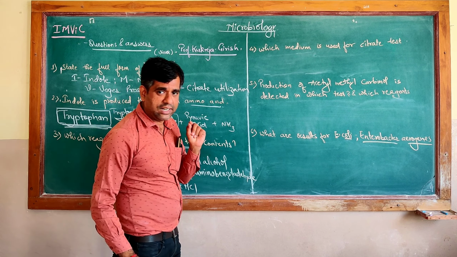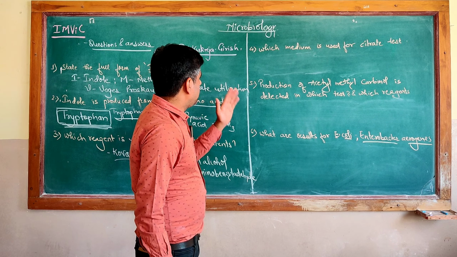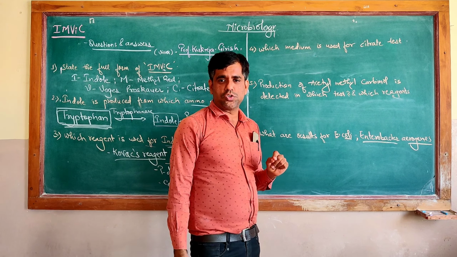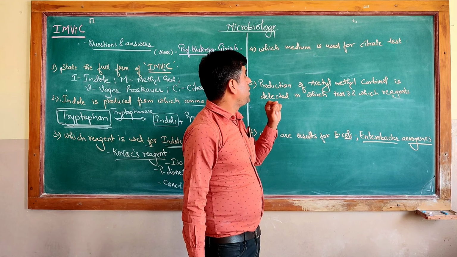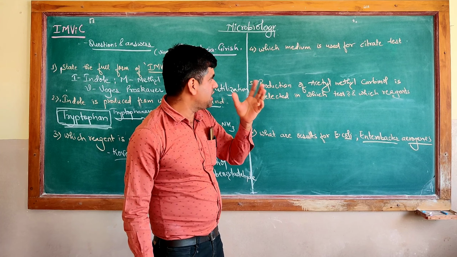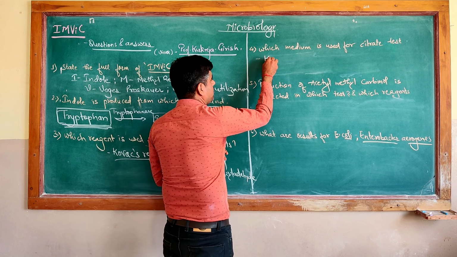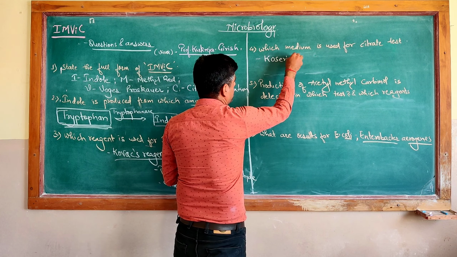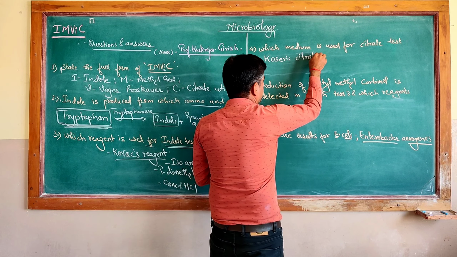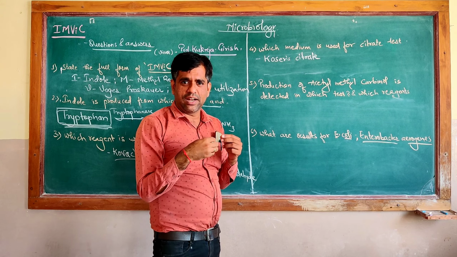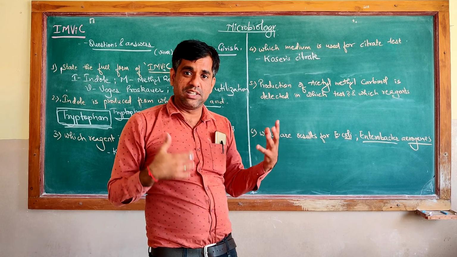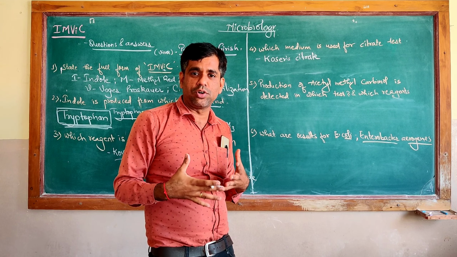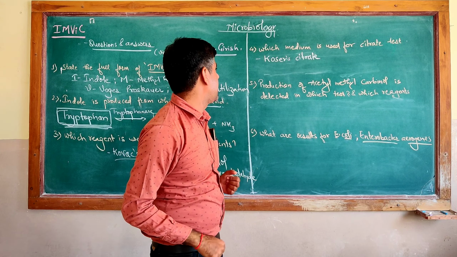Okay, next one: which medium is used for doing this citrate test? It varies from lab to lab. Some use Koser's citrate broth, where you inoculate the organism and just see whether there is turbidity or growth, whether the organism can utilize citrate as a sole source of carbon.